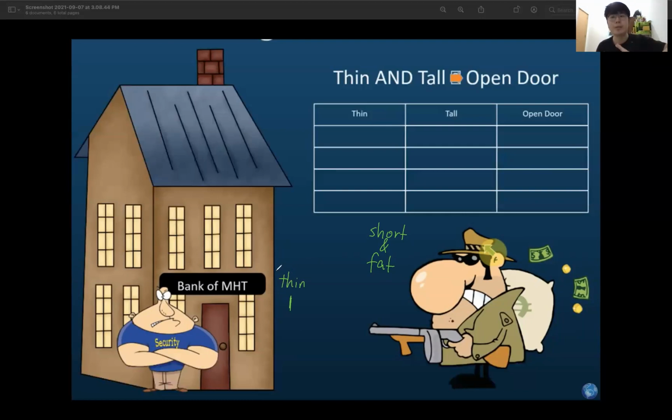There's nothing in between. Either thin or fat. So if it's thin, I will put 1. If it's fat, then I'll put 0. Same thing, if it's tall, I put 0, and if it's short, I put 1.